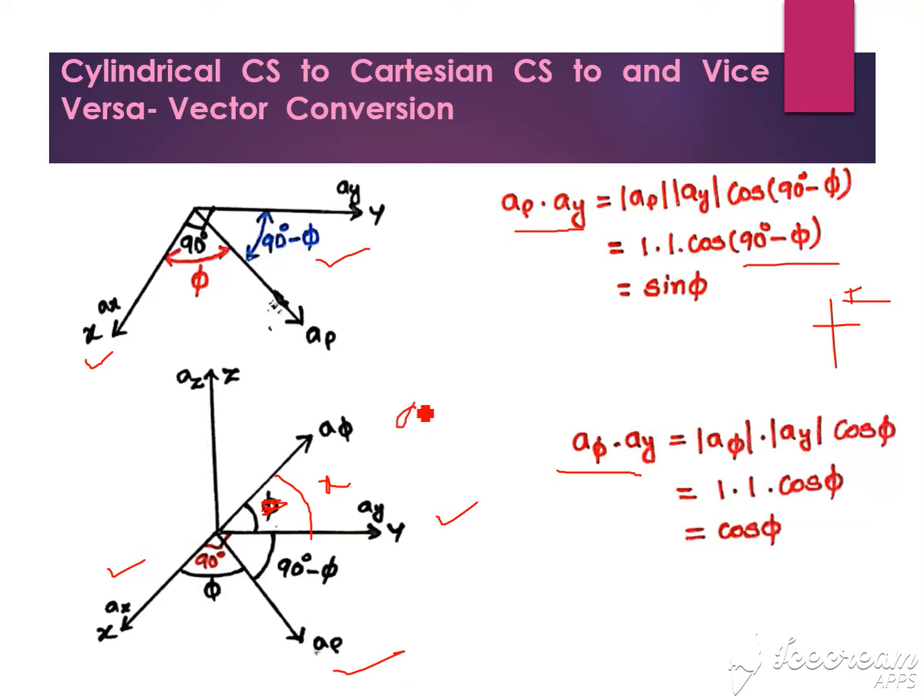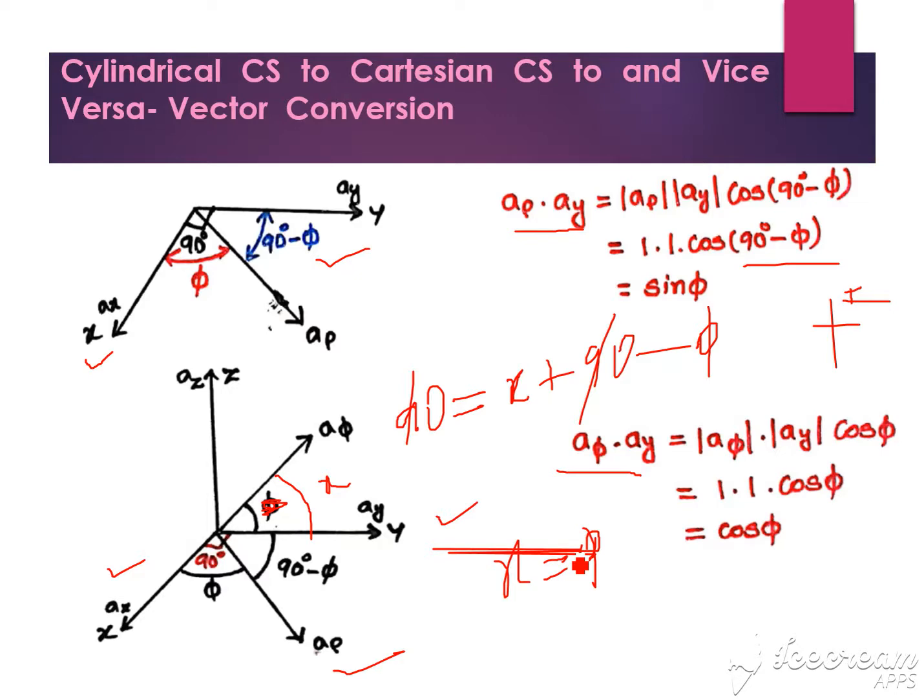So 90 is equal to the sum of these two angles, that is x plus 90 minus phi. The 90 and 90 get cancelled, and we get x is equal to phi. So this angle is phi. So 1 into 1 into cos phi is equal to cos phi.